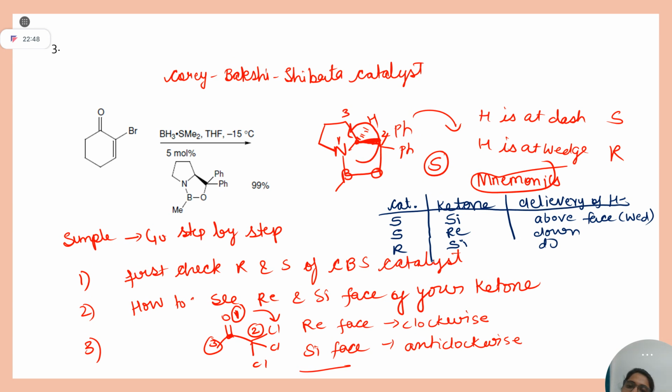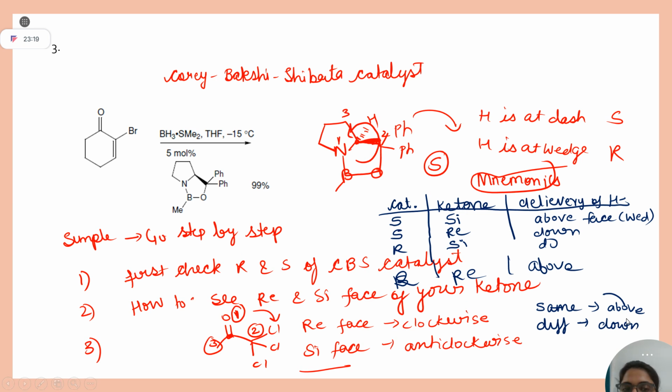If your catalyst is R and your ketone is also Re face, then it will be upper. Now, what conclusion can you draw from here? Same things lead to delivery of hydride from above, and different, down.